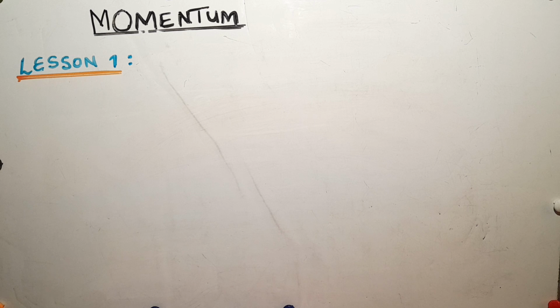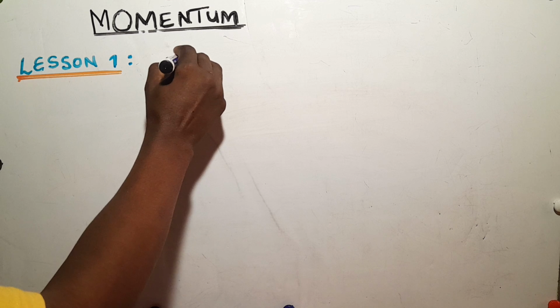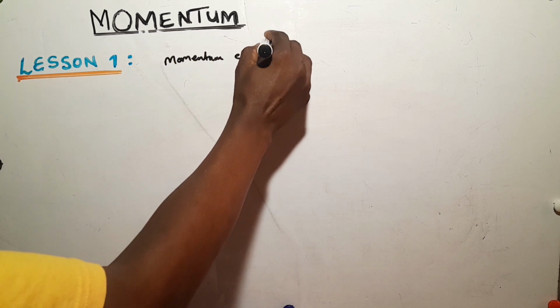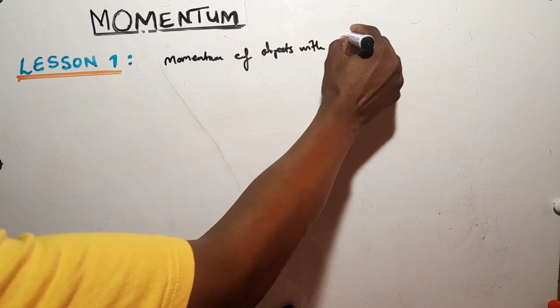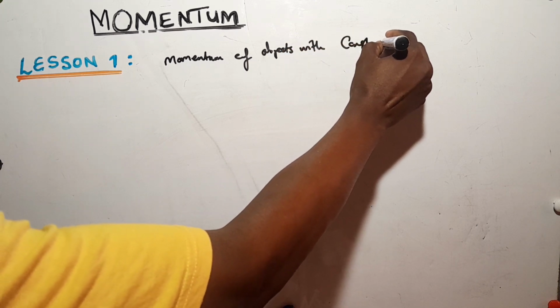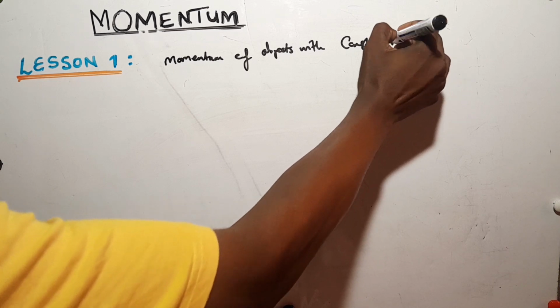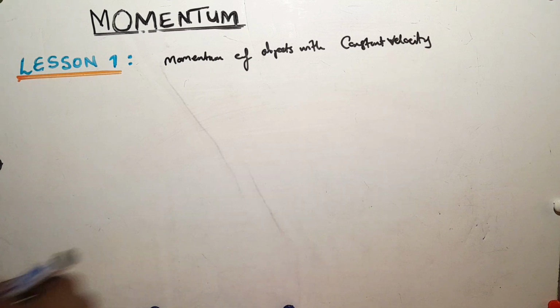So in the first part of this lesson, we were talking about momentum of objects with constant velocity. With constant velocity, it means that the velocity wasn't changing, it was remaining the same throughout, right?